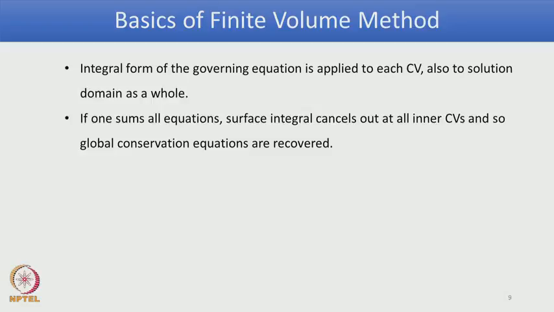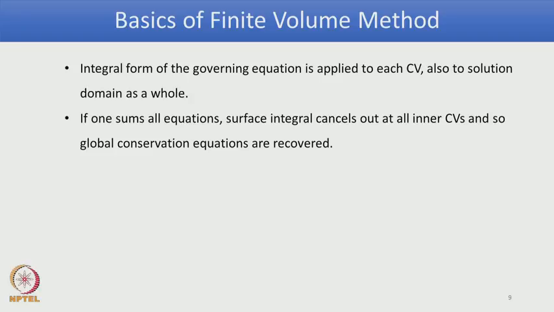Then, if you sum all the equations, you have an equation for each control volume and you sum all of them together, what happens is that all the surface integrals evaluated at the control surfaces, for flux going in and flux going out, are considered.